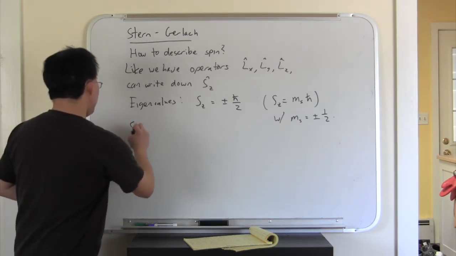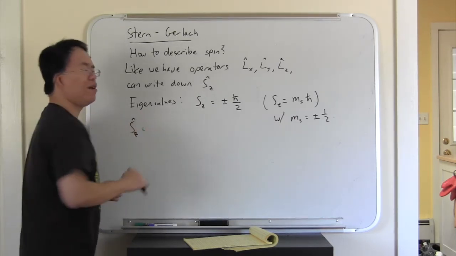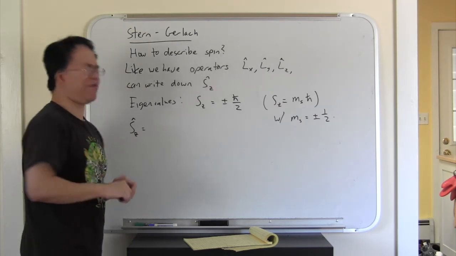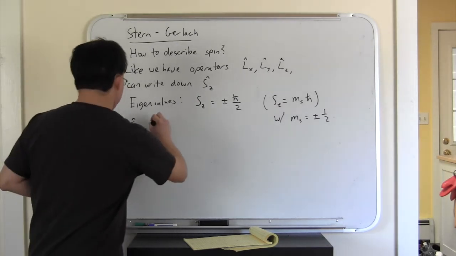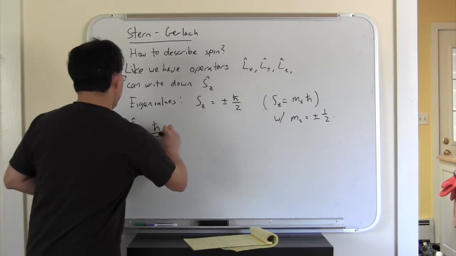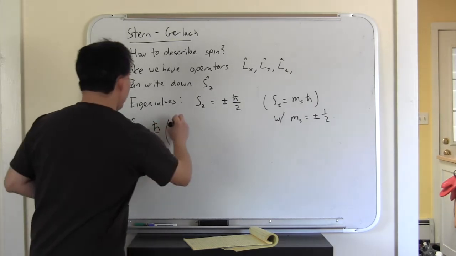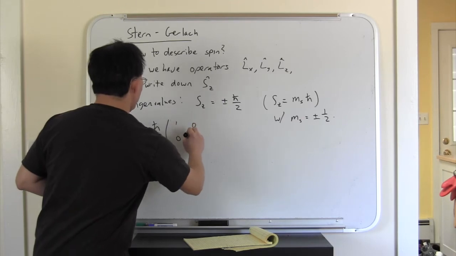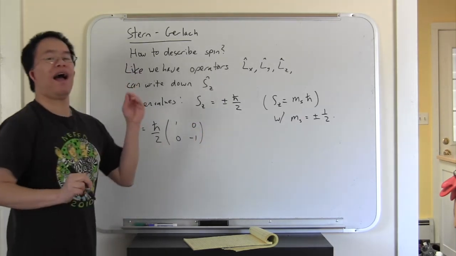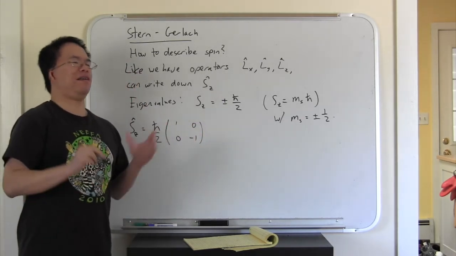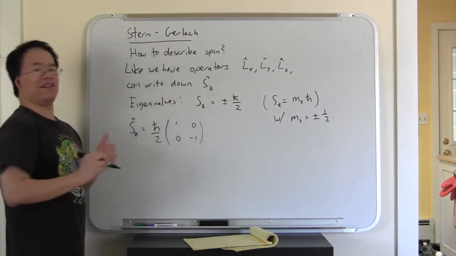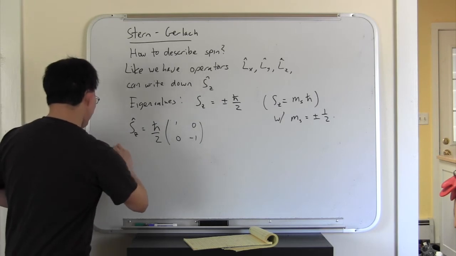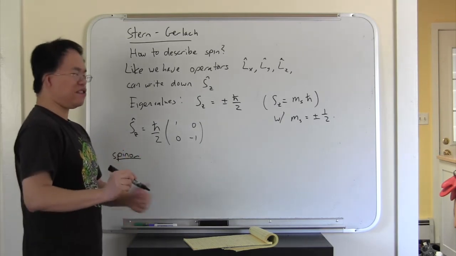It turns out, and Physics 421 will work this out, that the spin operator can be written as a 2x2 matrix 1, 0, 0, minus 1, acting on things that we call spinors. So the spinor is what describes the spin state.